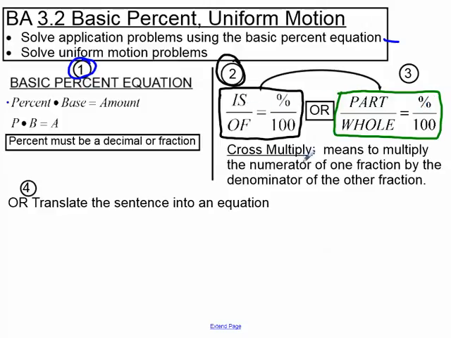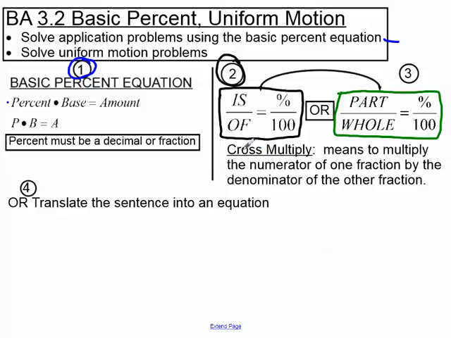We'll talk about these a little bit more in detail later on. But again, for the black or the green, essentially you've got to cross multiply. Is times 100 equals of times percent, or part times 100 is whole times percent. Green and black are essentially the same. It's just a different way of looking at the is and the of, or the part and the whole.